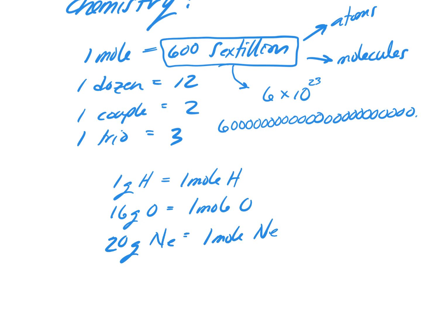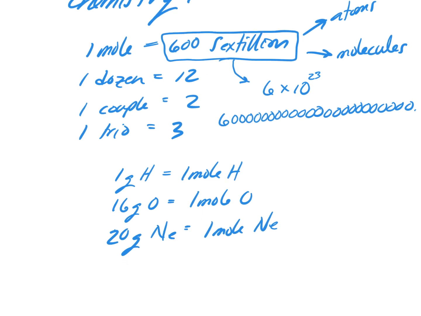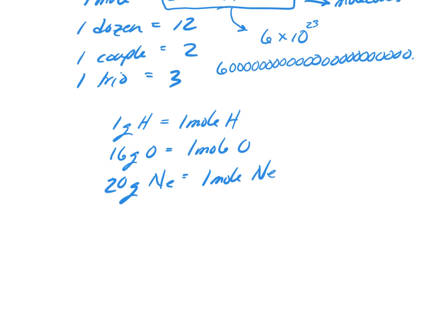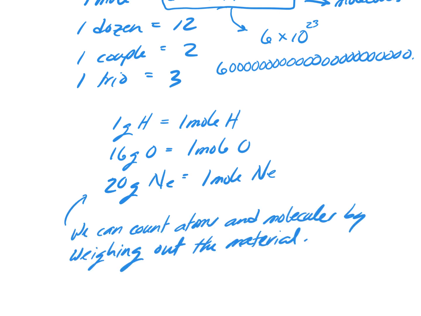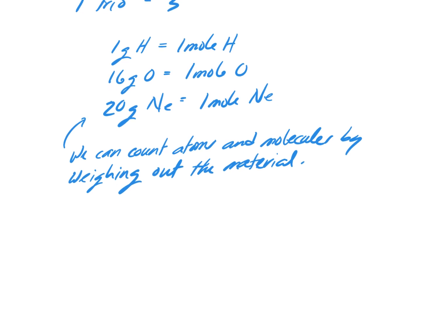So this is where we left off last time. We found that we can count atoms by weighing out the material. I wrote this out to really emphasize this: we're counting atoms and we're counting molecules by weighing out the material.